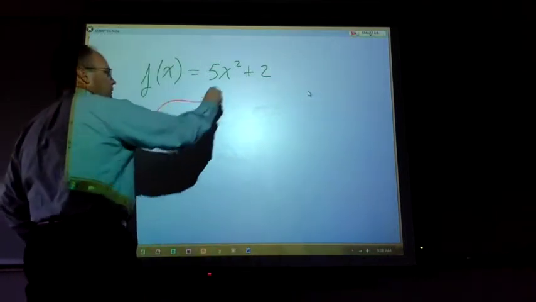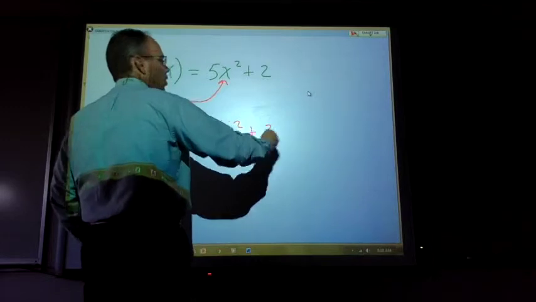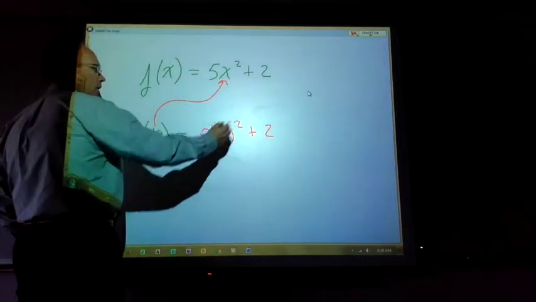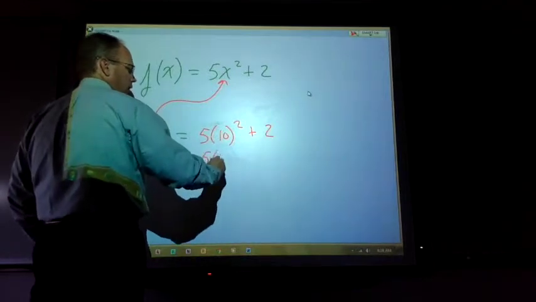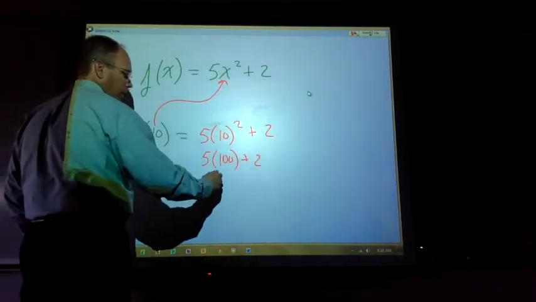So this goes in there, so I get 5, 10 squared plus 2. Order of operations says what first? Parentheses, so 10 squared is 100. 5 times 100 is 500.